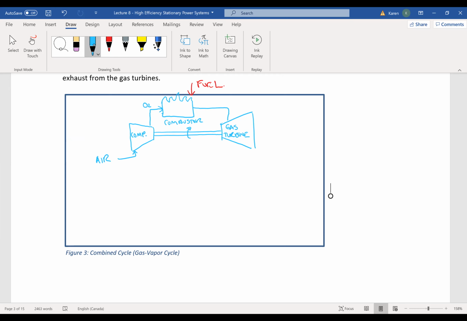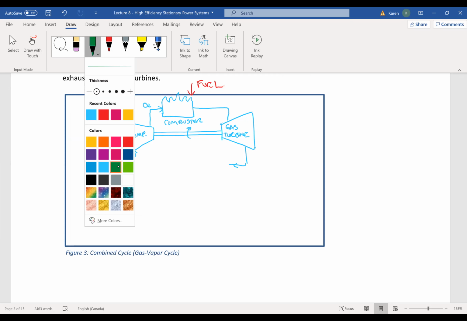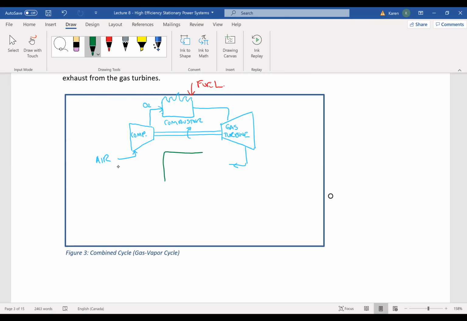Now, instead of byproducts of combustion coming out here, we're going to use that. Of course, there are still byproducts in it. It doesn't make it clean, but we're going to use it and we're going to put it, this is the new part of the system, a heat exchanger.